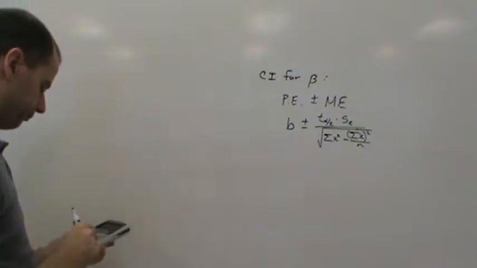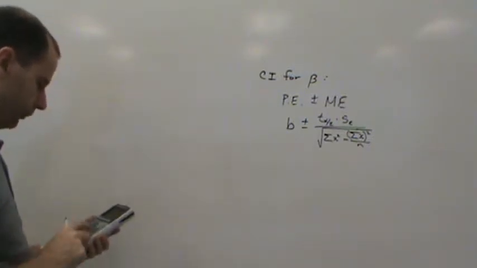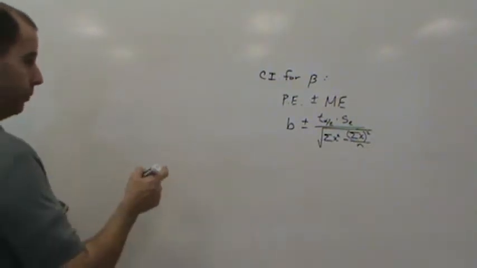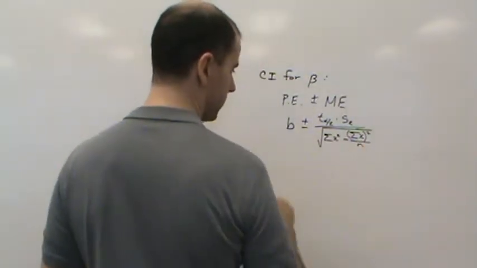Now, the first thing I'm going to do, when I have the data entered into my calculator, is go to one var stats, because I need these three pieces of information.